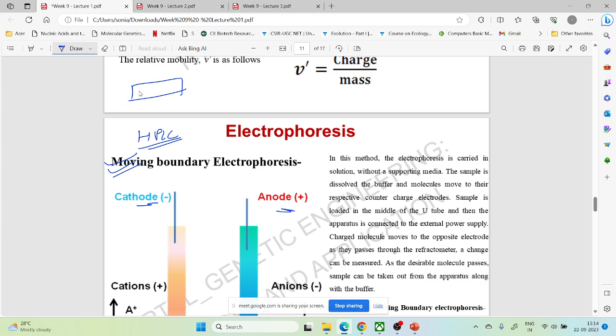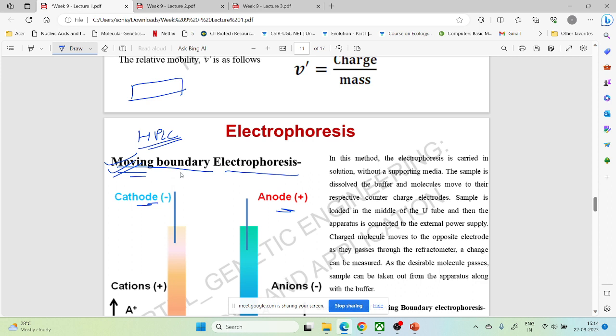The sample was just mixed in the buffer, an electric field was applied, and your protein used to migrate. That is why the name suggests moving boundary electrophoresis. There is no solid support, no solid matrix onto which your gel is loaded, so it is your moving boundary.